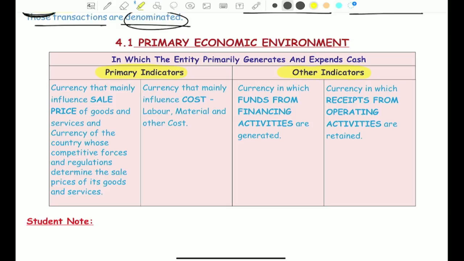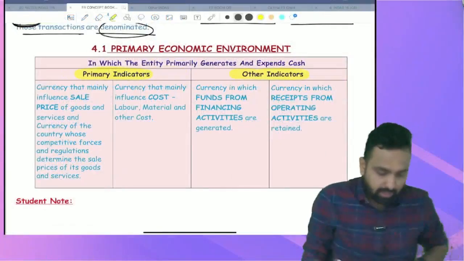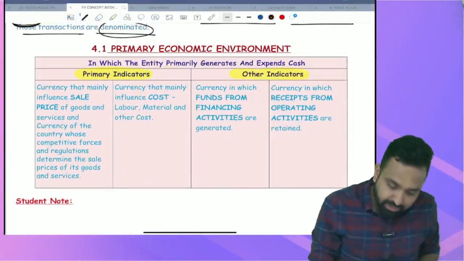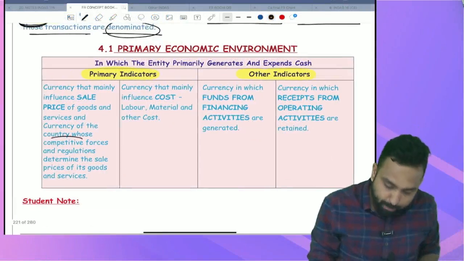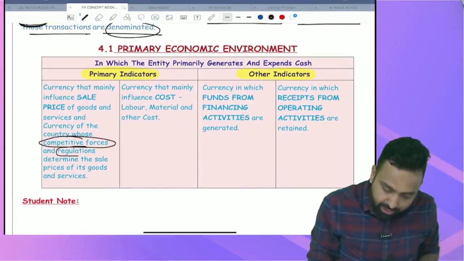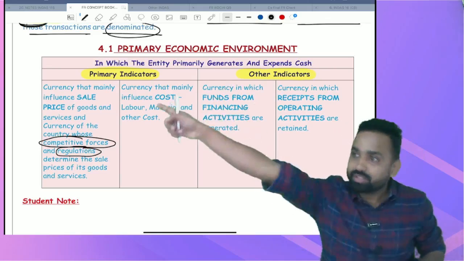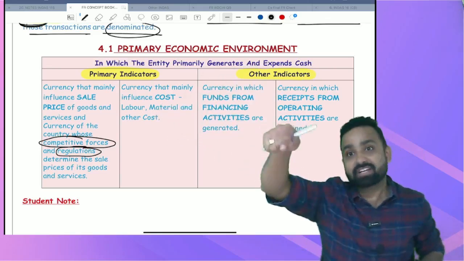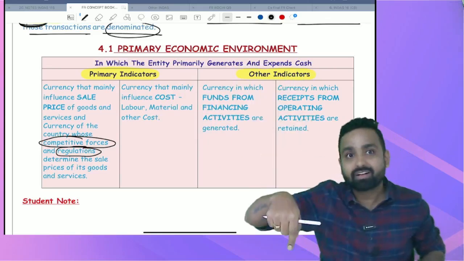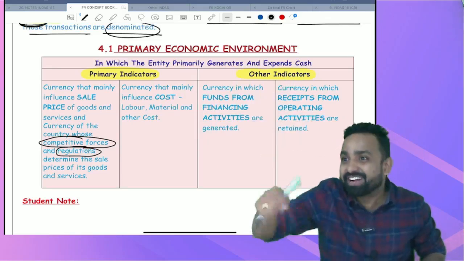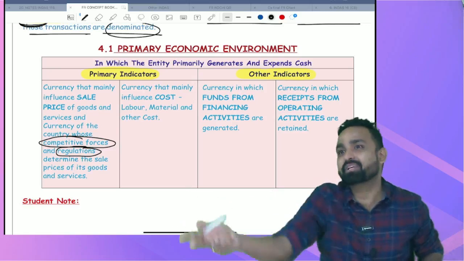Yes, what is the first one? The currency of the country whose competitive forces or whose regulation. I have given you the example of German-based companies. Even though it is a German-based company, if it is selling cars in India, the Indian regulations affect the price of the car. Tell me now, guys.